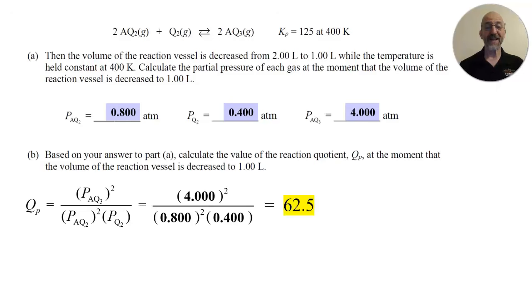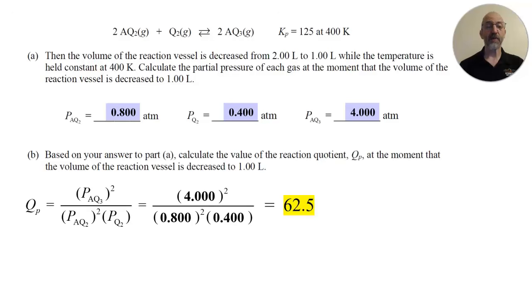Aha! We do not get 125, which means Q is not equal to K, so there will be a net conversion. Now that's either from left to right or right to left, but clearly we can see that the answer to part B is not 125. So the system is no longer at equilibrium for the moment.